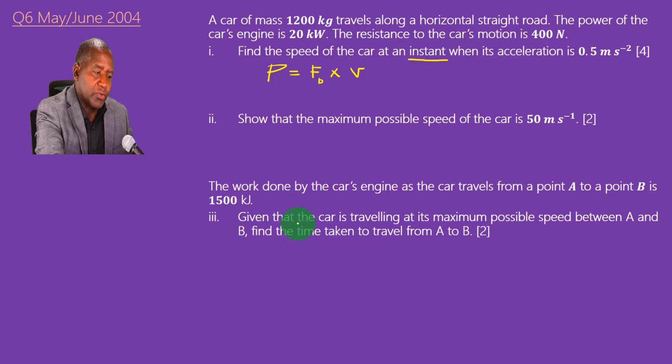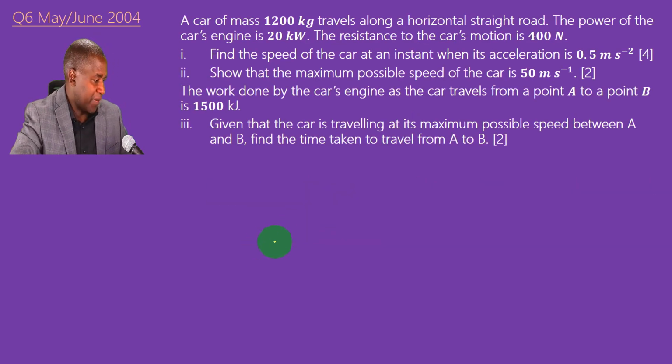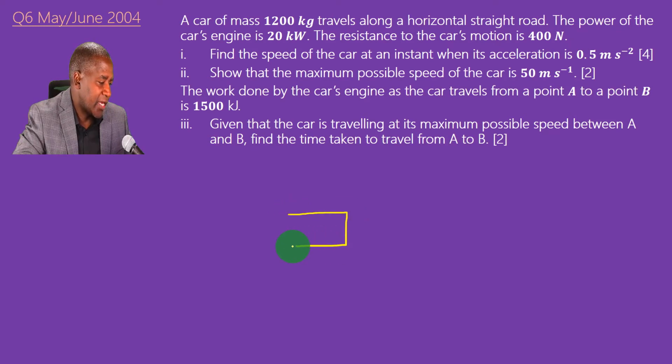Let me go back to the previous space here, because I want us to look at that situation clearly. This is the car. There is some resistance. We are going to represent it by FR. And then the engine itself is exerting a certain driving force. Definitely, this vehicle is accelerating.